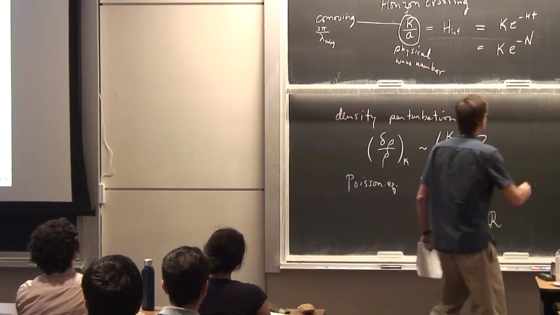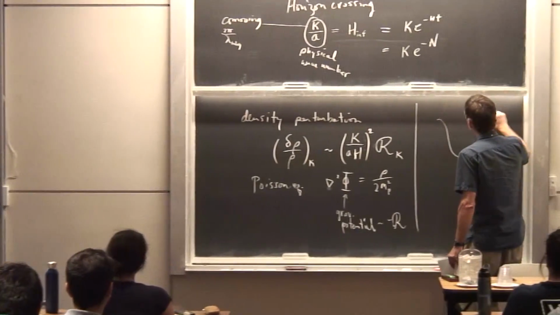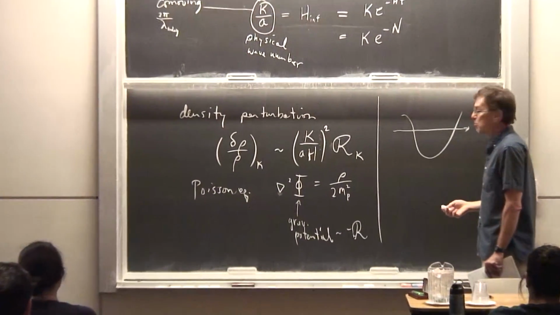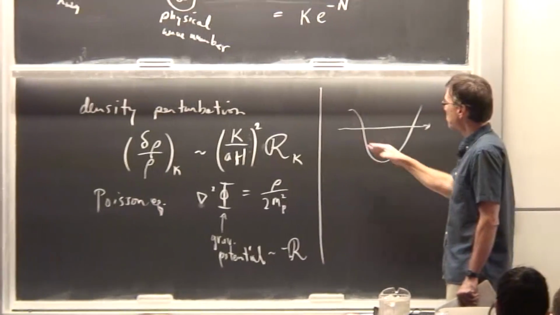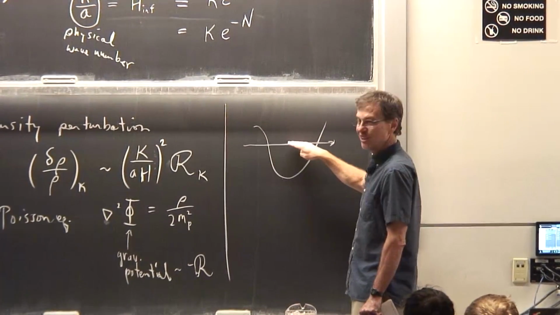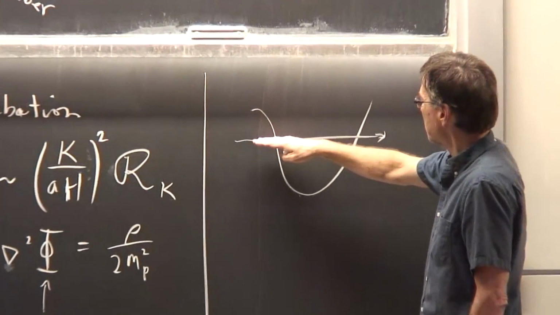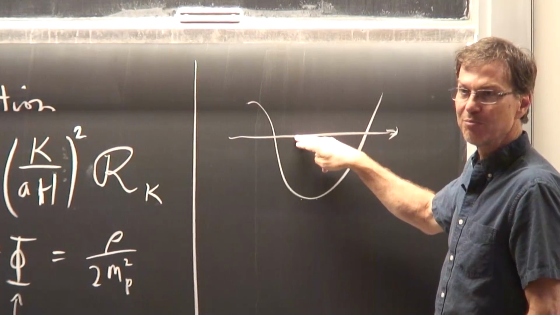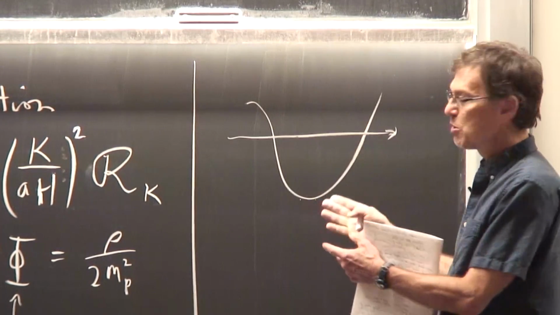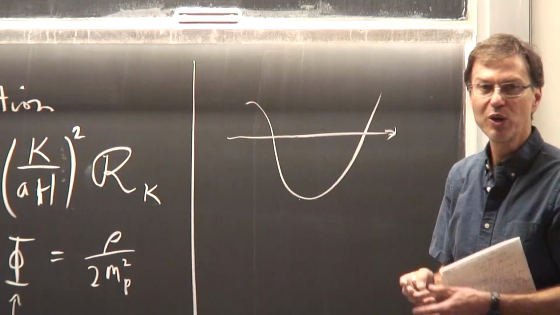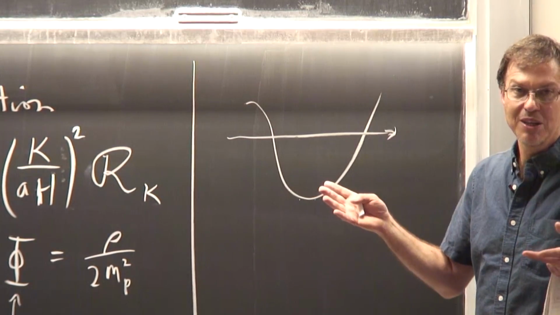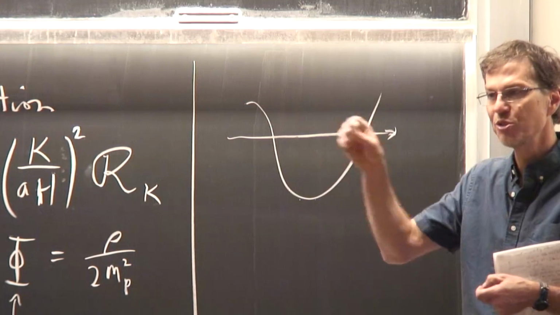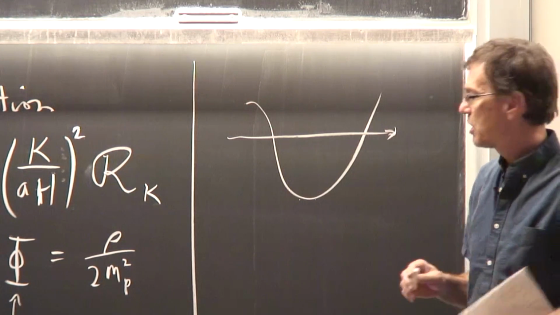When the photon goes through such a potential well, you might naively think that whatever energy it loses as it's climbing out, it would have gained as it was going in. But you have to remember that this is all time dependent, and the size of these potential wells is growing at the same time as the photons are traversing. And so one needs to take into account all of that.